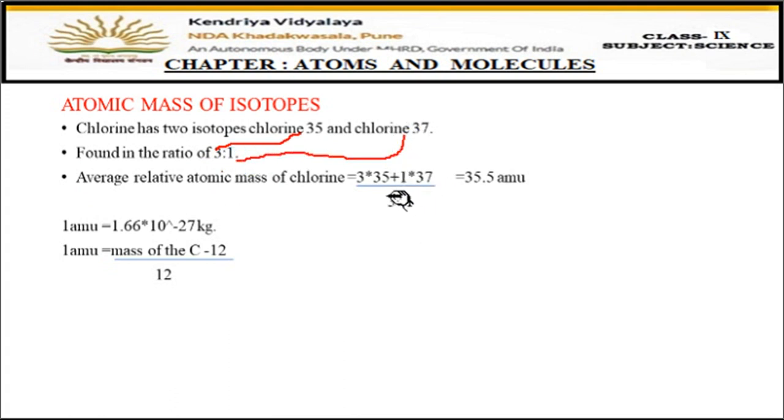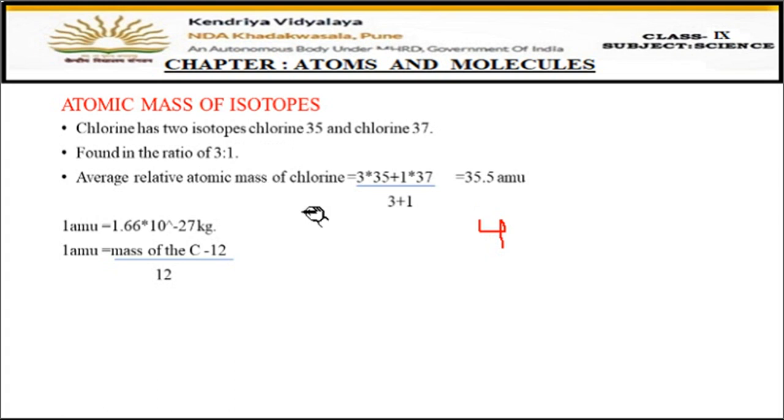For the average, we have to add, right? And why are we dividing it by 3 plus 1, that is, this ratio? We have to divide it by the total number of atoms. If there are a total of 4 atoms, then out of 4, 3 are of chlorine 35 and 1 is of chlorine 37.